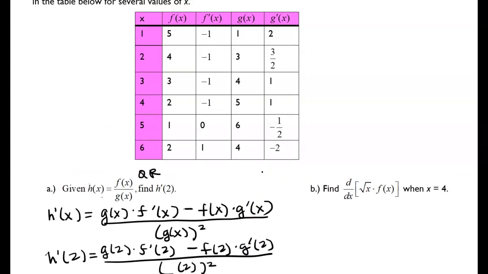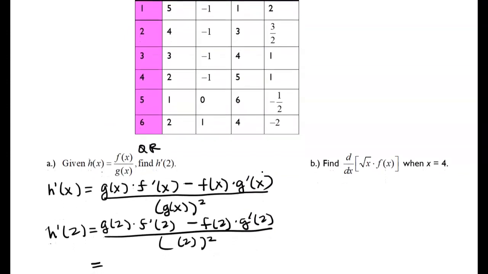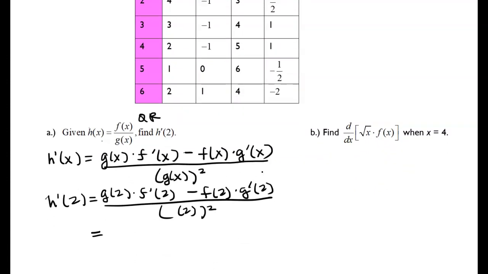So g of 2 was 3. F prime of 2 was negative 1. Minus f of 2, which is 4. And g prime of 2 is 3/2. All over g of 2, which was 3 squared.